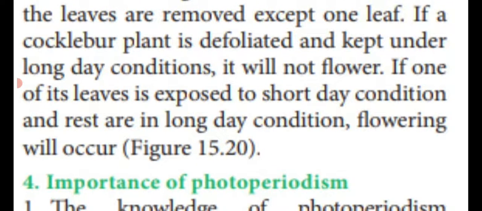If the cocklebur plant is defoliated and kept under long day condition, it will not flower because it is a short day plant. But if only one leaf is exposed to the short day condition, it produces the flowers immediately. But the rest of the leaves are not producing flowers because they are in the long day condition.